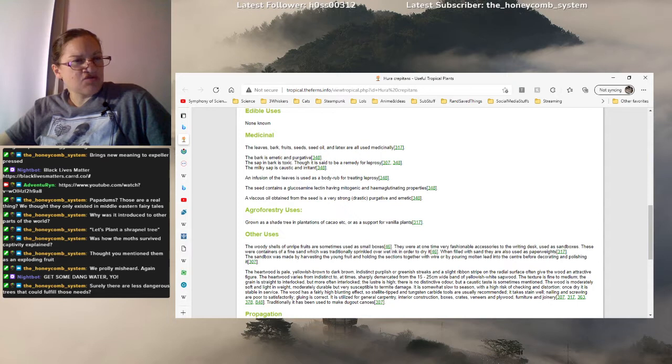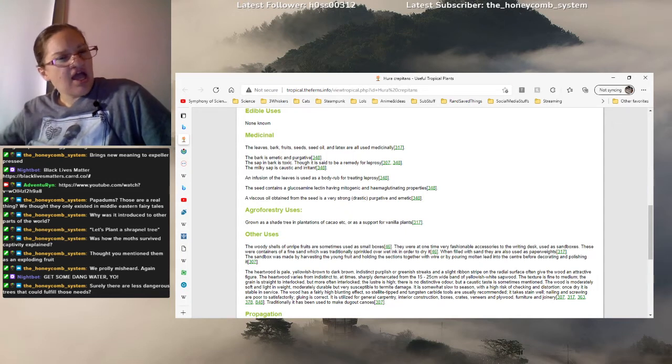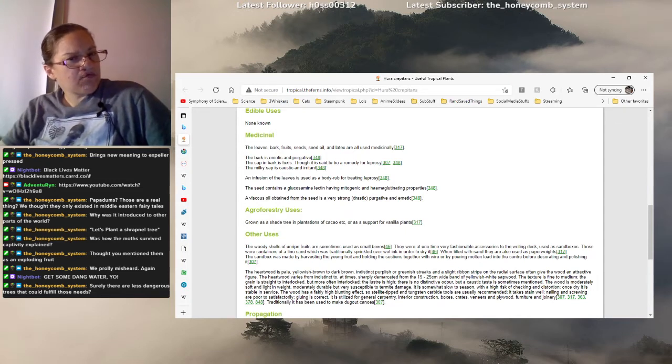Grown as a shade tree in plantations of cacao, etc., or as support for vanilla plants. The woody shells of unripe fruits are sometimes used as small boxes. They were at one time very fashionable accessories to the writing desk, used as sandboxes.